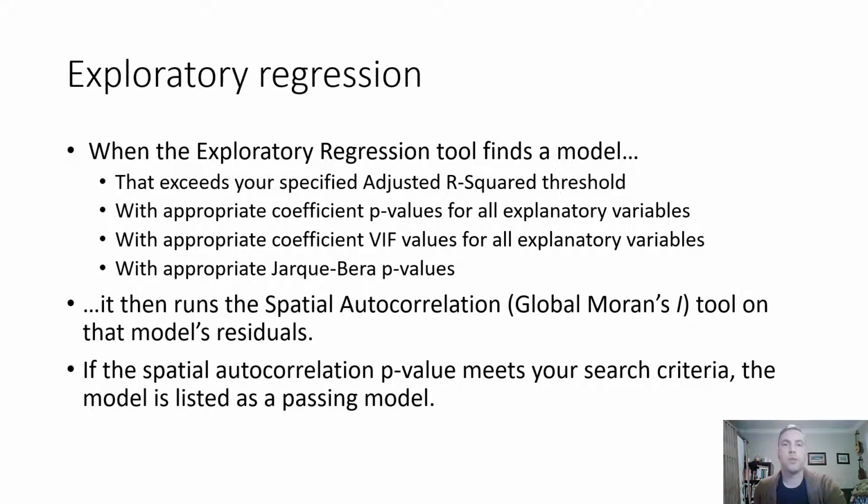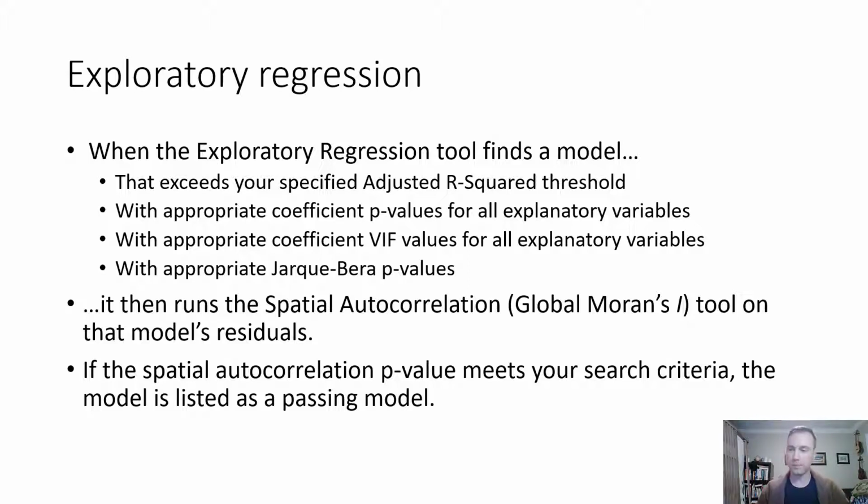When the exploratory regression tool finds a model that exceeds your specified adjusted R-squared threshold, a model with appropriate coefficient p-values for all explanatory variables, a model with appropriate coefficient VIF values for all explanatory variables, and a model with appropriate Jarque-Bera p-values, it then runs the spatial autocorrelation tool on that model's residuals. Okay. If the spatial autocorrelation p-values meet your search criteria, the model is listed as a passing model.